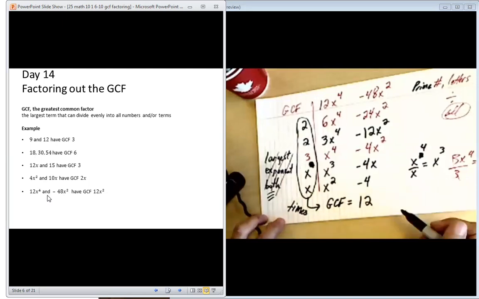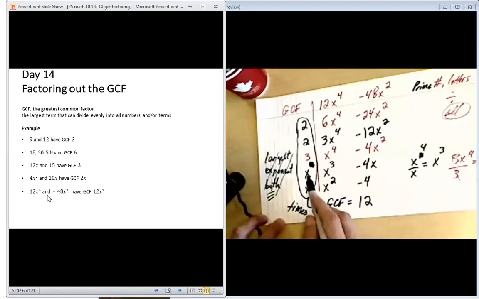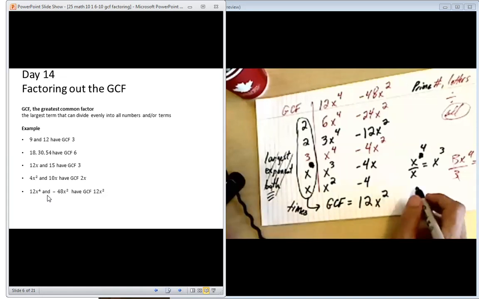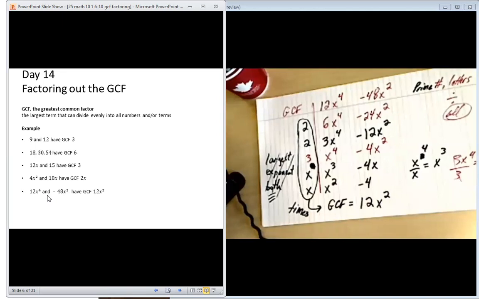And then for the x's, x times x, x to the 2, x squared. Let's admire it for a moment. That was a big, long question with lots of letters, and we got it.